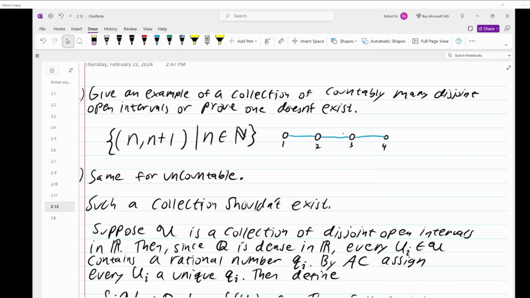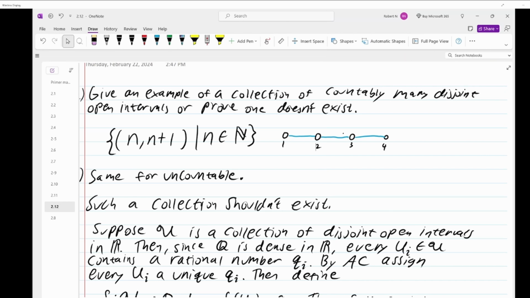Does that make sense? Any two real numbers have a rational between them, so any interval has to have a rational number in it. Since Q, the rational numbers, is dense in the real numbers. The rational numbers are any ratio between integers. And what does the terminology dense mean?